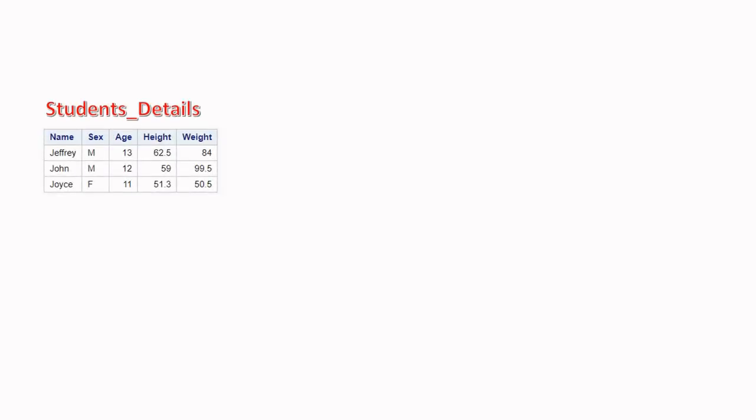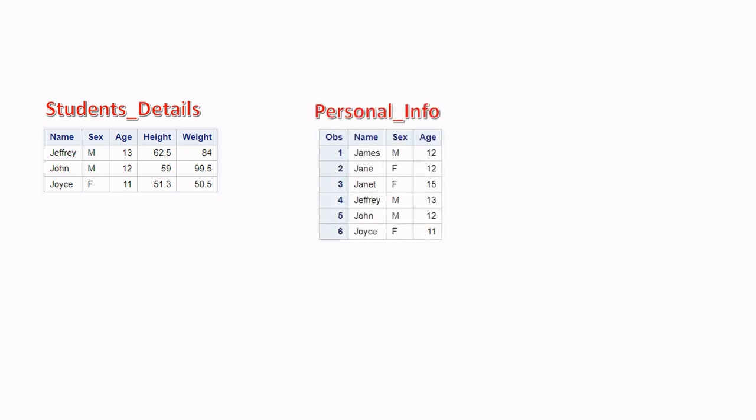Consider a situation where you have to prepare a student's details report, which should look something like this. But the problem is you don't have all this information available in one place. It's available something like this. At one place you have the personal info table, which has only 3 columns: name, sex and age.